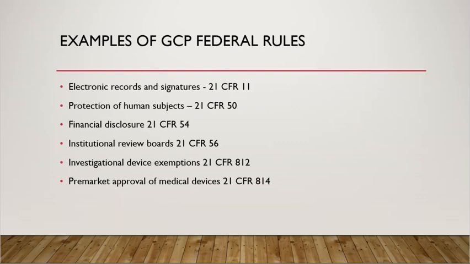And it's not important for you to remember now the citations, but look at the topics: electronic records and signatures, protection, financial disclosure, IRBs, investigational device exemptions, and then PMA approvals of medical devices. And you can see all of those are in Title 21 of the Code of Federal Regulations. And there's more information about these rules in Blackboard this week.